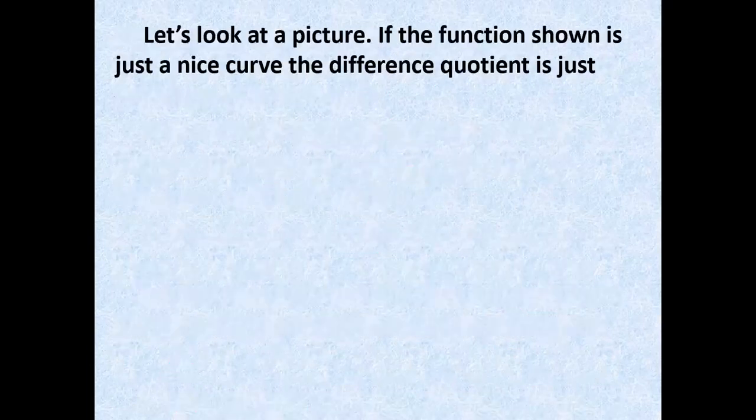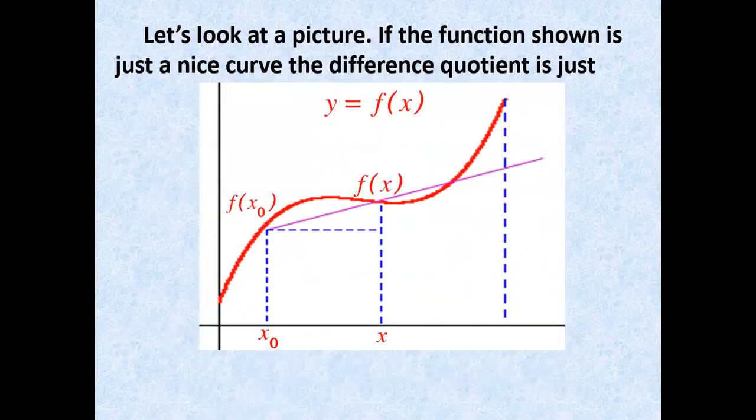So let's look at the picture. What does the picture say? We have two points. The first point is x naught of this original function y equals f of x, and the second point is just x. On the x-axis this is x naught, on the y-axis this is y of x, but y of x equals f of x.